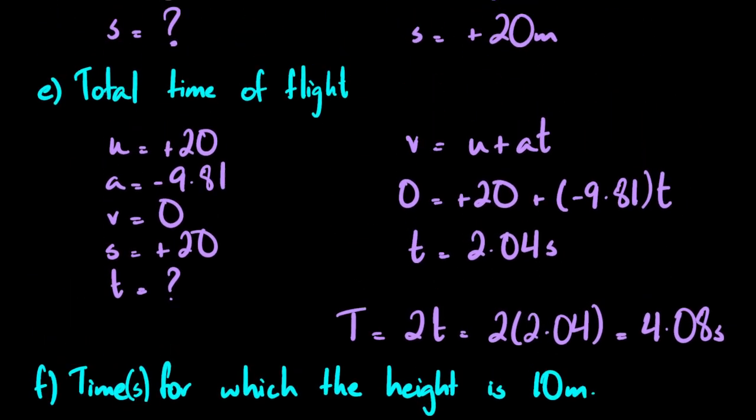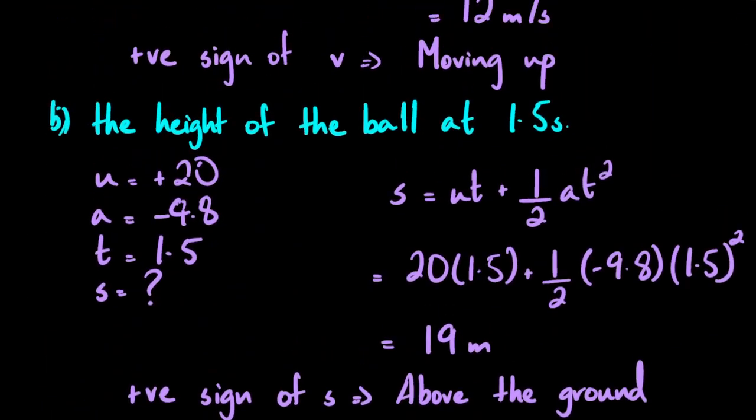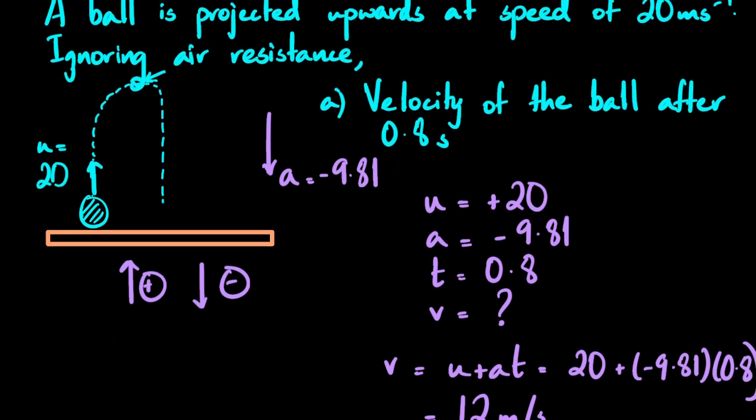So actually, if you think about it, we knew that the maximum height was 20, right? This is what we found in an earlier part. So halfway here, the height is going to be 10 at two different times. One would be when the ball is going up, and another when the ball is coming back down.